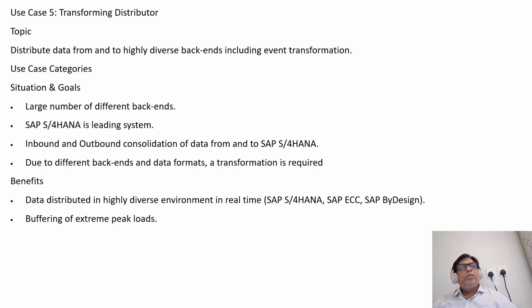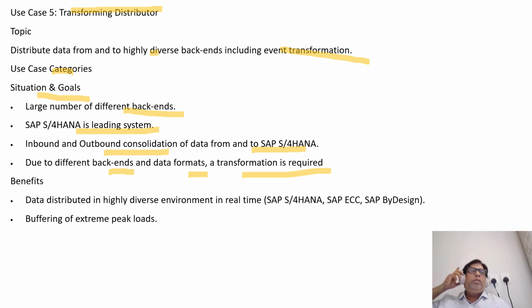And case 5 is the transforming distributor. So distribute the data from highly diverse backends, including event transformation. So you can distribute it by using the event transformation. Case categories are mostly a large number of different backends. S4HANA is the leading system. Inbound and outbound considerations of data from S4HANA: due to different backends, data format transformation is required.